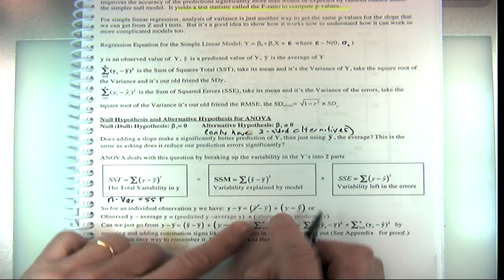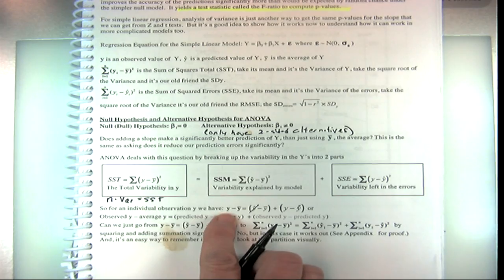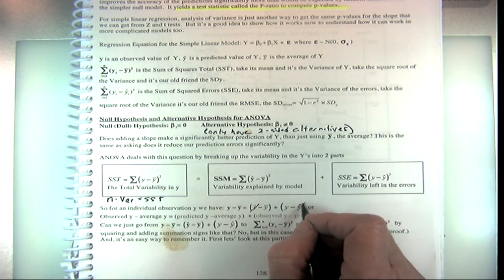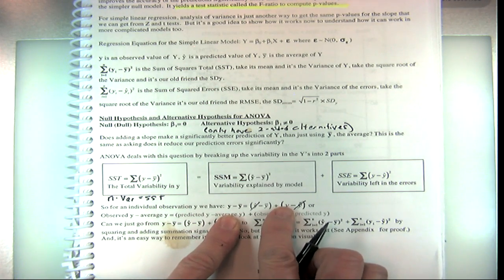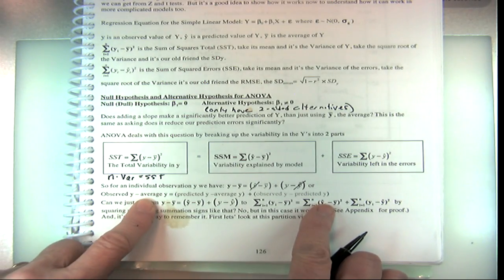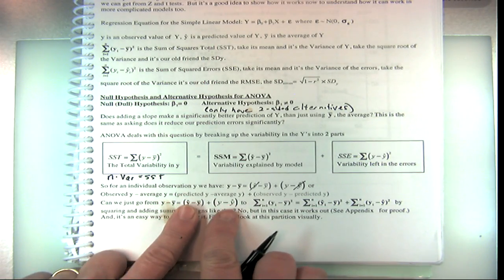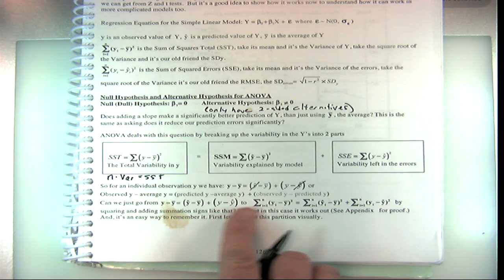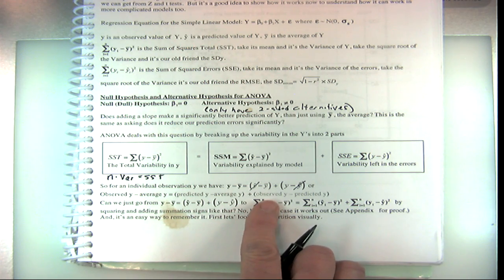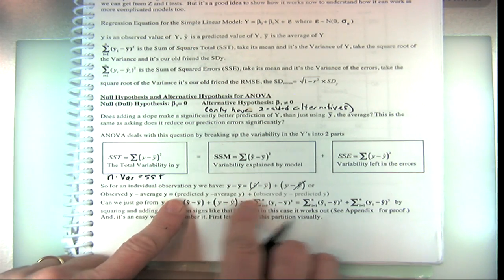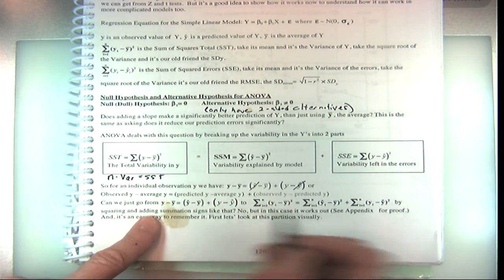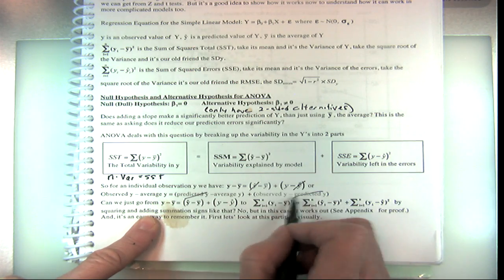Those would cross out, and you have y minus y bar is equal to y minus y bar. I mean, this is very simple. The observed minus the average is the observed y. This is the predicted minus the average. And the predicteds cancel out.